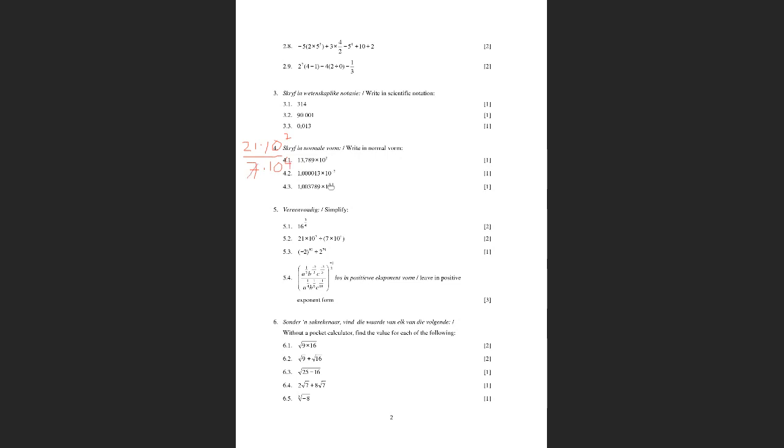Then 7 can cancel 21 to 3. So we can have 3 here. Then 10 exponent 7 divided by 10 exponent 4. We can use laws of exponent and we can have 10, 7 minus 4. Then we can have 3 times 10, 7 minus 4 is 10 exponent 3.